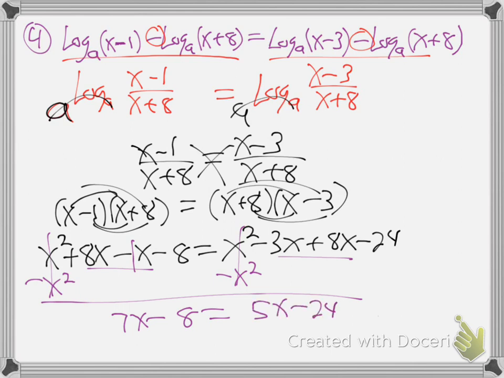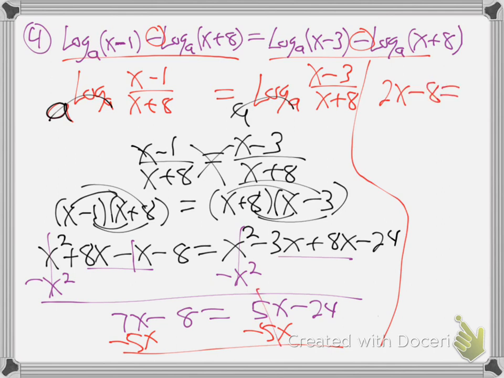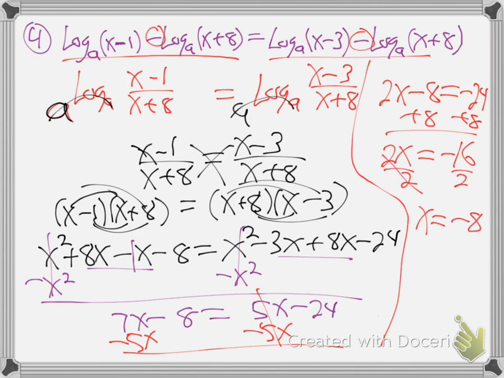X is on opposite sides. So I'm going to subtract 5x, get rid of one of them. This will give me 2x minus 8 is minus 24, add 8. 2x is minus 16, divide by 2, x is minus 8.